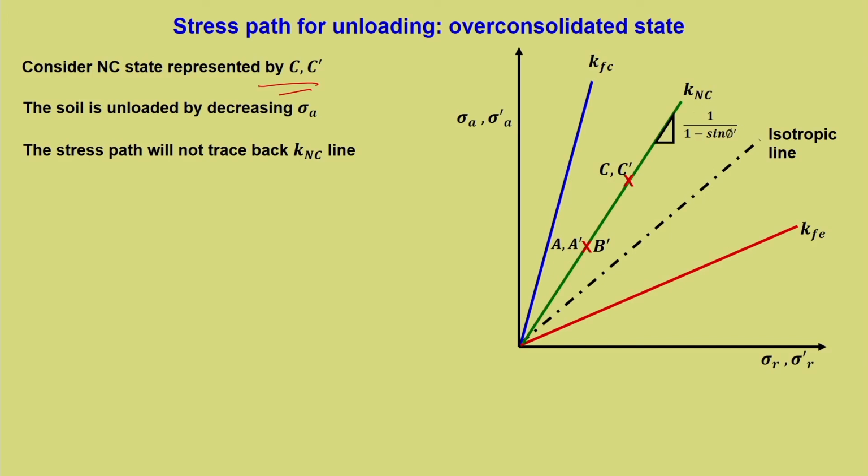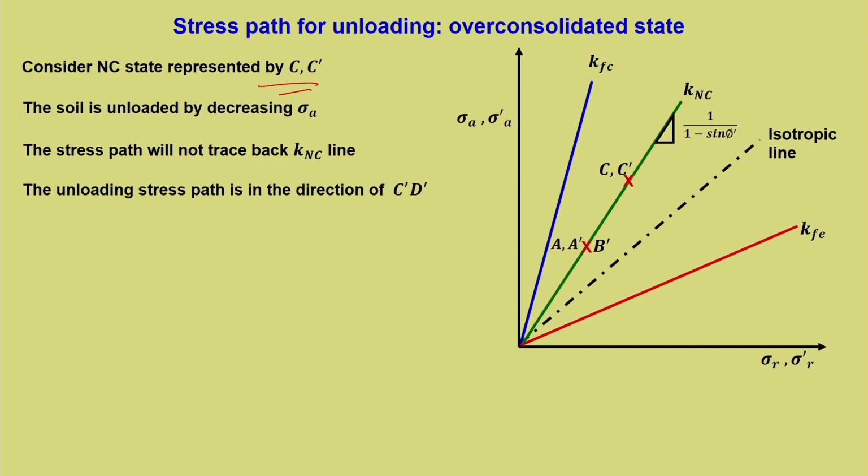It will not, and this information we already know, because we know this from the oedometer test as well. When we load soil to a particular point and then unload it, it is not going to trace back, rather it takes a different route, and that is what we know as the swelling line. It is the same aspect which is happening here as well.